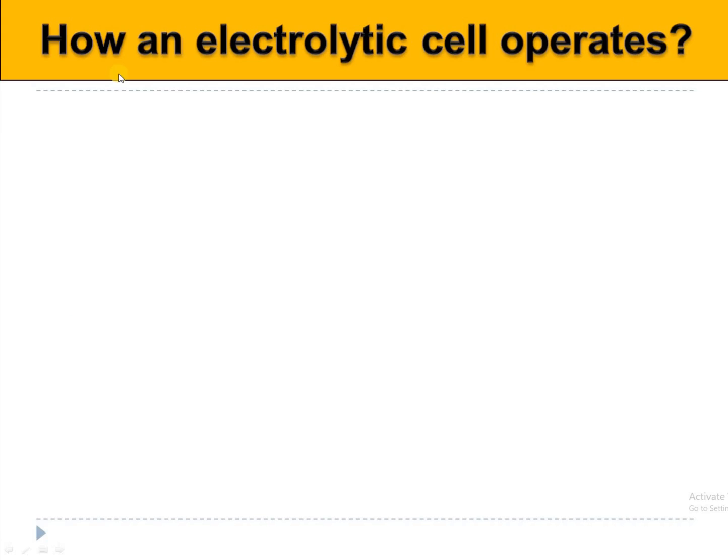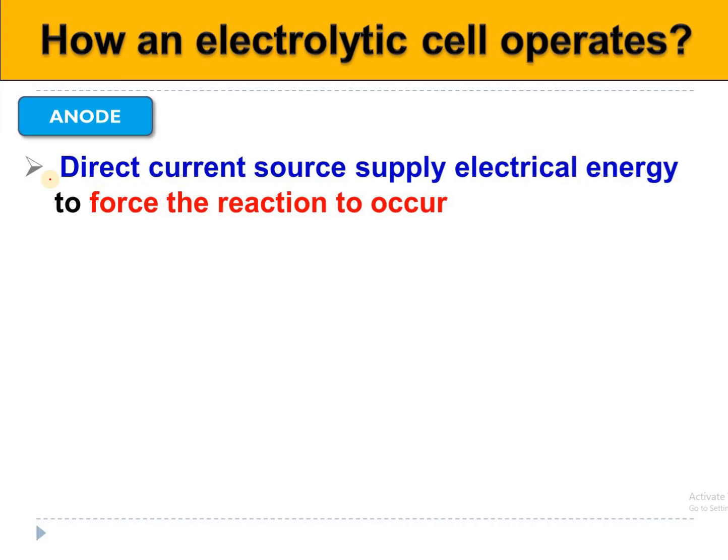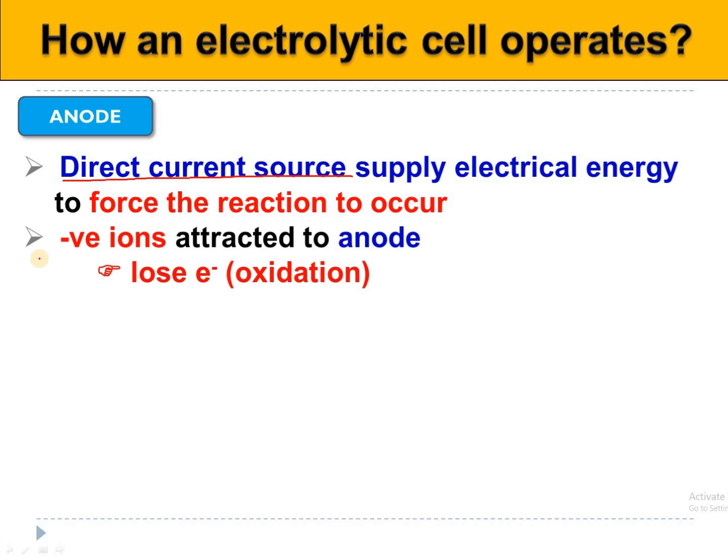How does an electrolytic cell operate? At the anode, the direct current source supplies electrical energy to force the reaction to occur. During the reaction, negative ions from the electrolyte are attracted to the anode, so the oxidation process occurs at the anode, with a half reaction of loss of electrons.